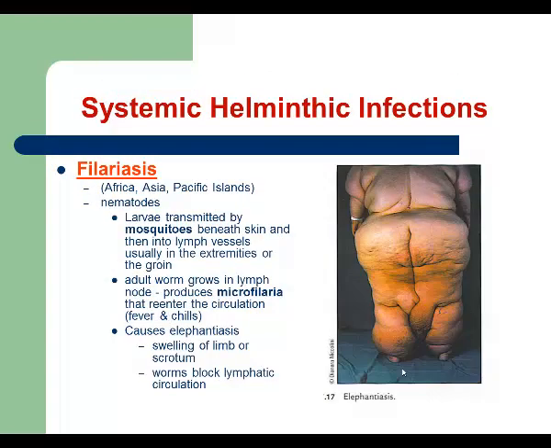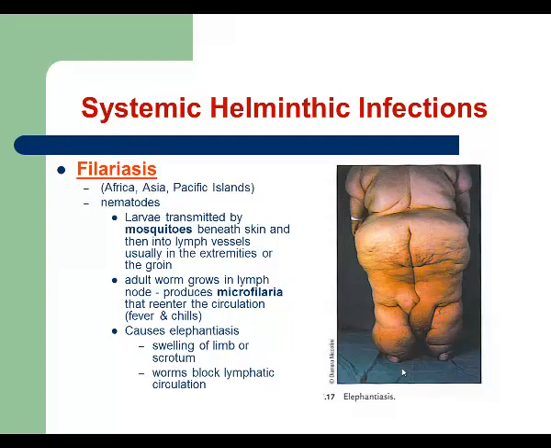And the last helminthic infection is Filariasis or elephantiasis. This infection can be seen in Africa, Asia. There are no cases of this infection here in the United States. This worm is a roundworm, and it is transmitted by mosquitoes.